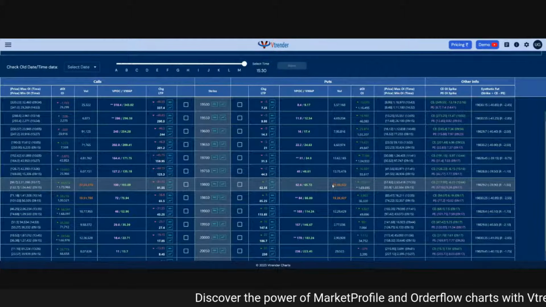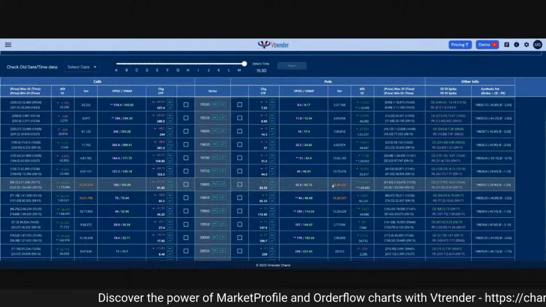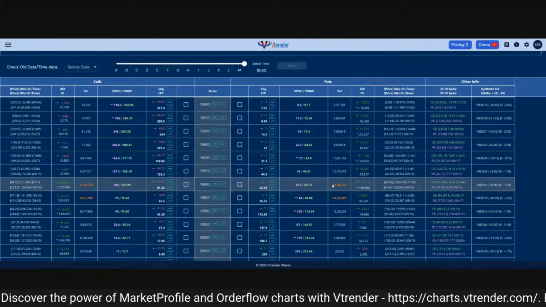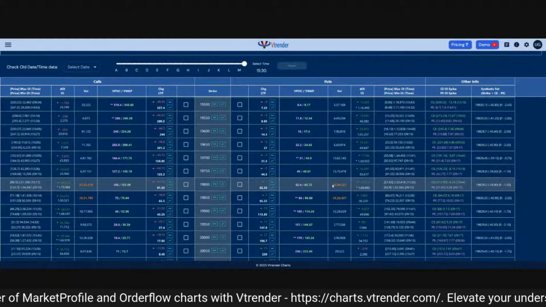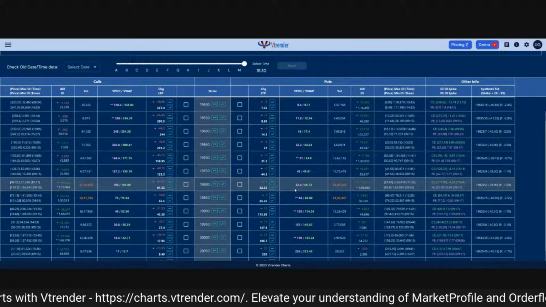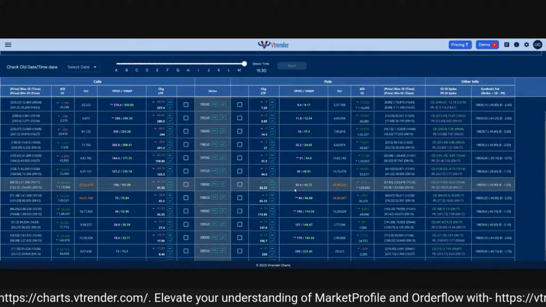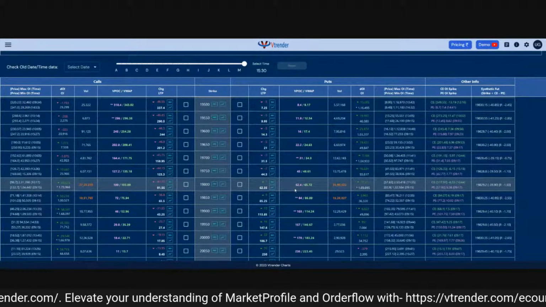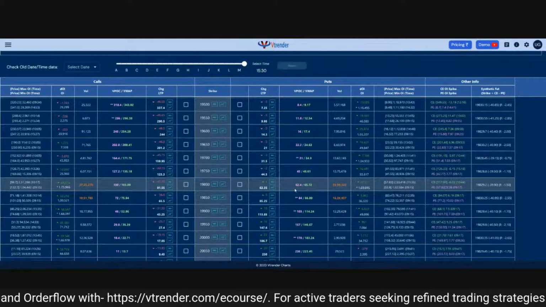So the orange colored numbers are showing you where the highest volumes for the day are. Preferably you would want to trade these options, because volumes precede price. So we want to have good volumes in whichever instrument we are trading. The same goes with Nifty futures. We keep track of how the volumes are doing.